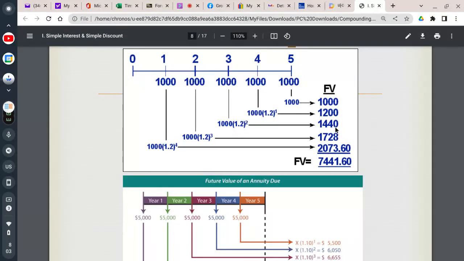Each period, the payment or deposit is made at the end of the period. Annuity due is making a deposit at the beginning of each period." No, I'm not talking about that. Yeah, that's the definition of ordinary annuity and annuity due.